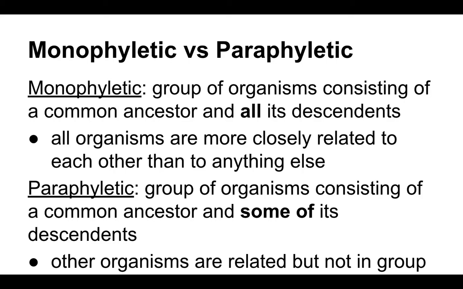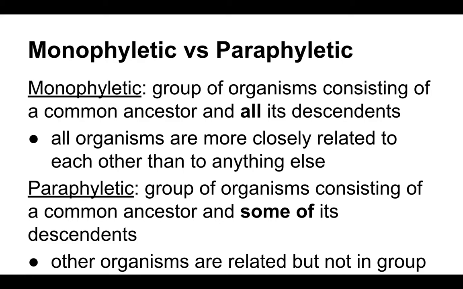So there are two terms that we are going to look at here. There are more than these two terms related to it, but we just need these two. The first is monophyletic. This is a group of organisms that consists of a common ancestor and all of its descendants. This is what we think of as groups of organisms almost all of the time.